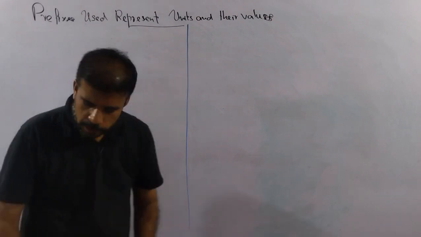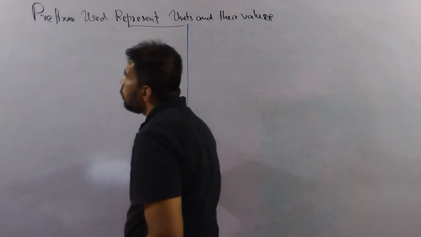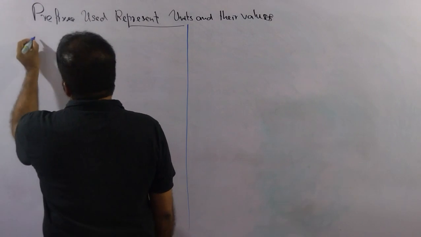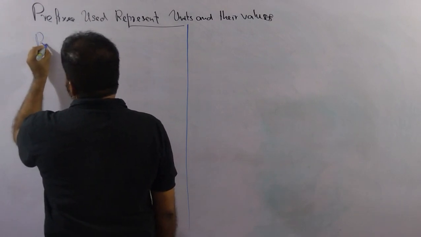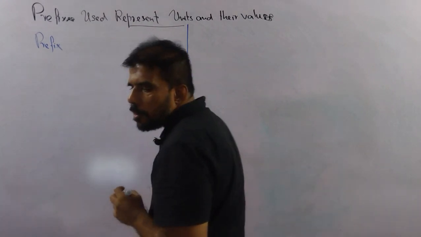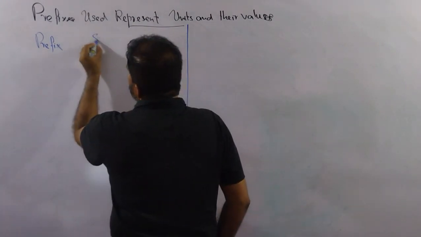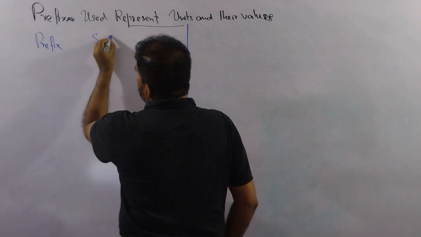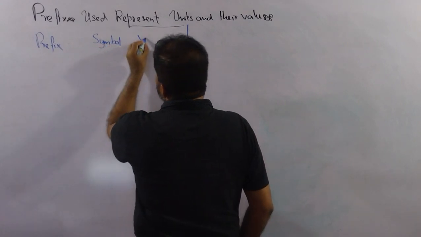Right. We'll make a chart like this: prefix, its symbol and value.